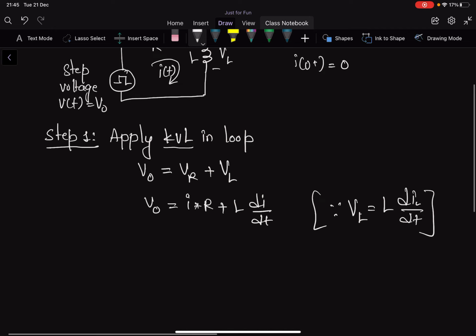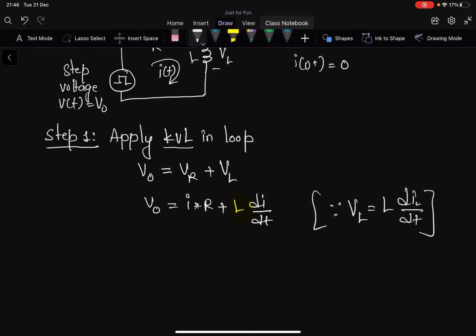If you look, this is a differential equation. However, this is not a standard differential equation. To make it standard, we need to make sure that L is removed from here.